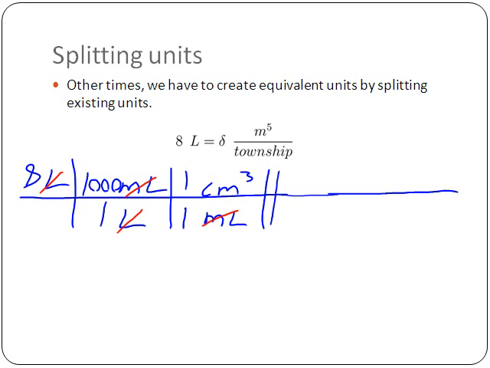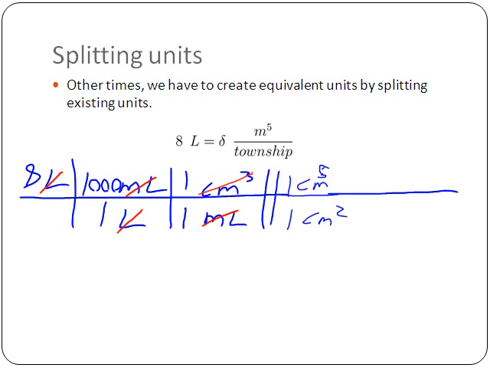Okay, so one way of writing out centimeters cubed is that this is no different than writing out centimeters to the fifth over centimeters squared. If I cancel out the centimeters cubed right here, these things are equivalent. I can do a substitution.